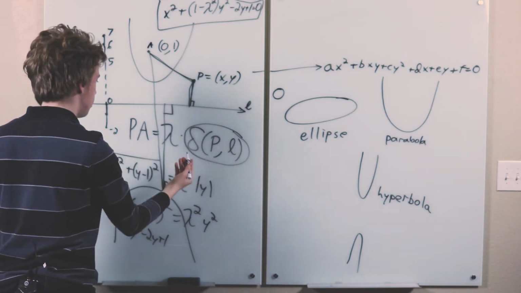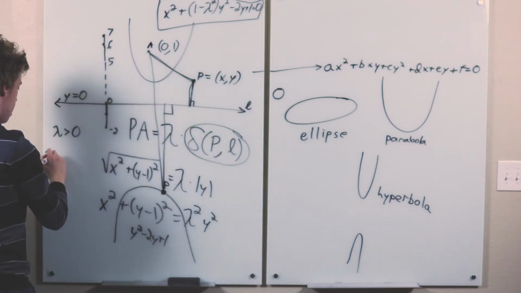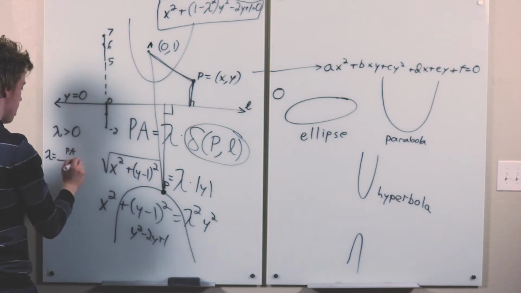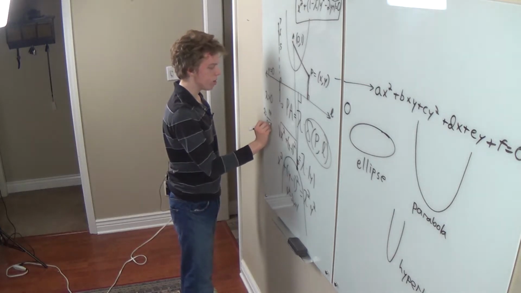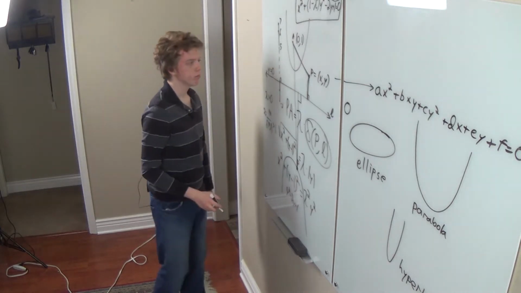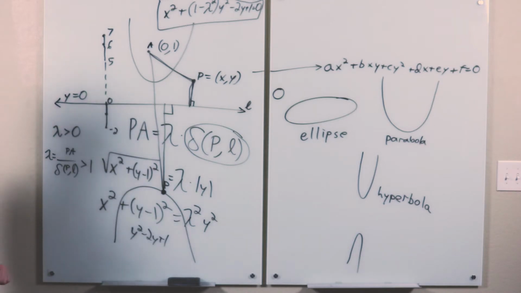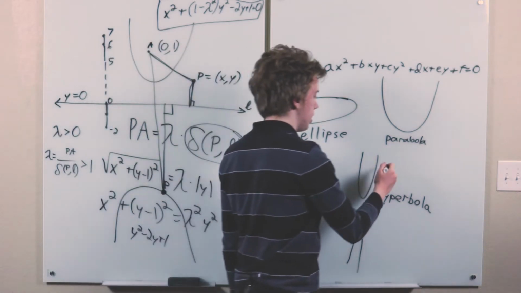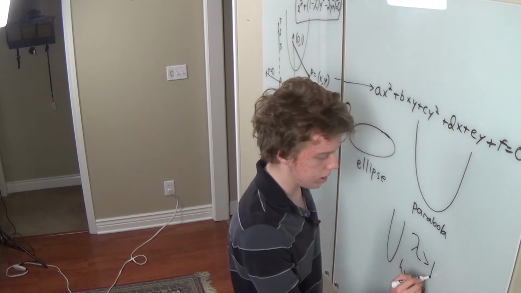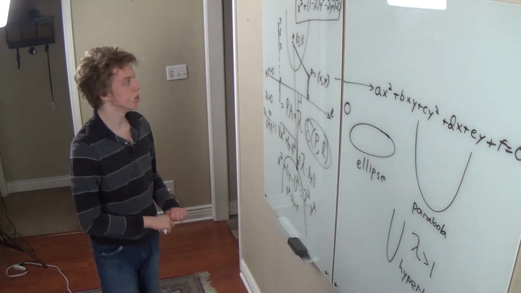And what this implies is that lambda, which is PA over delta PL, will be greater than 1. So we're going to have the hyperbola in the lambda greater than 1 case.